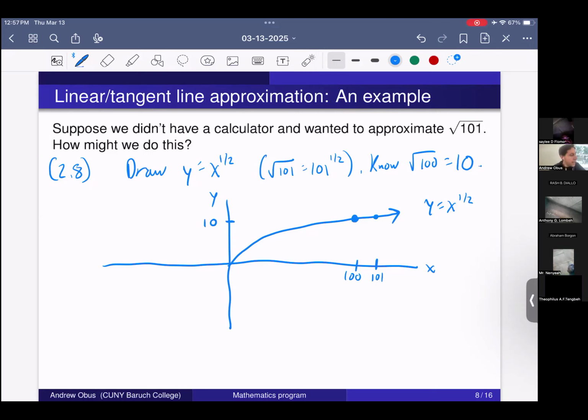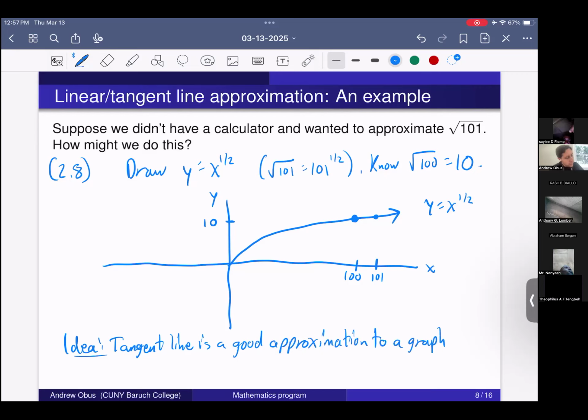So what's the idea? This is called a linear approximation or a tangent line approximation. The idea is that the tangent line is a good approximation to a graph near a point.